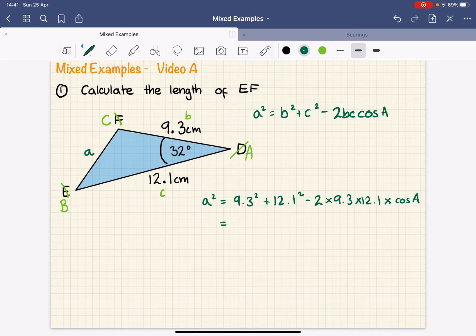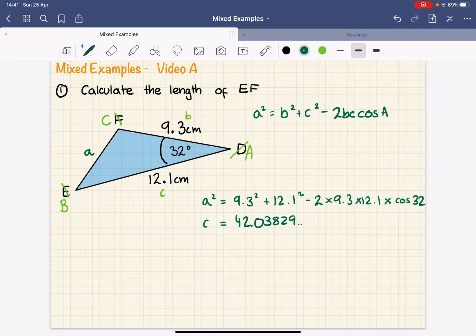And then putting that all into a calculator. And I wrote cos A there. That should say cos 32. And that comes out as 42.03829 and so forth.